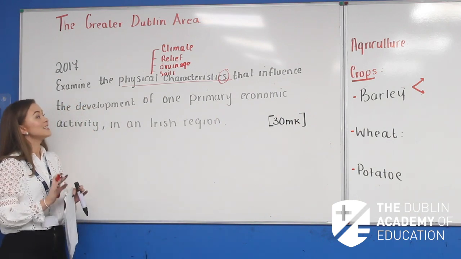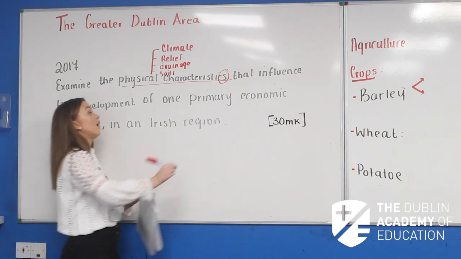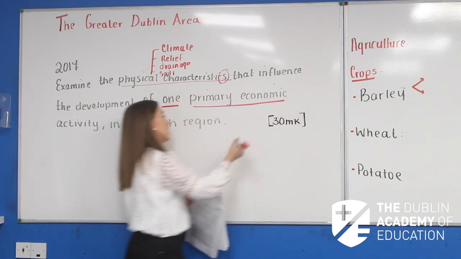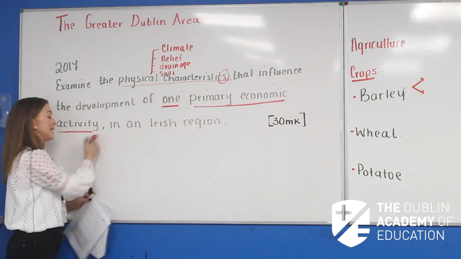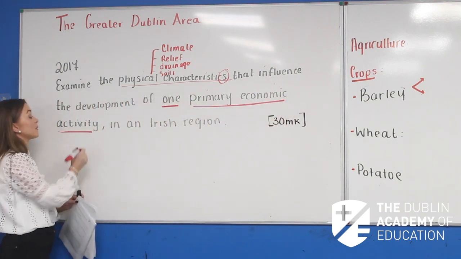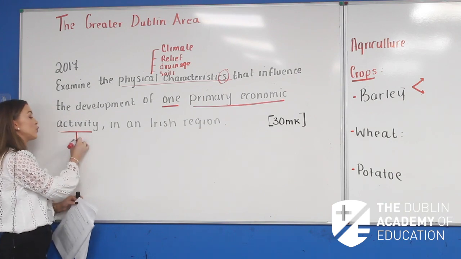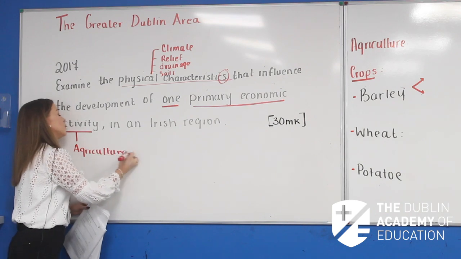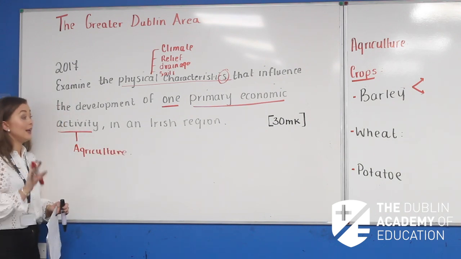Now, that has influenced the development of, highlight or underline the word one, primary economic activity. Now, if we're asked for one primary economic activity, we're going to go for agriculture. We're going to do fishing as a secondary later on.